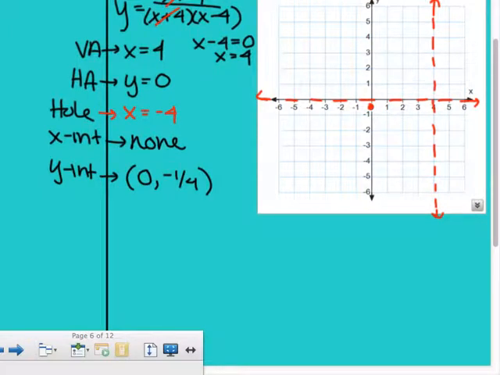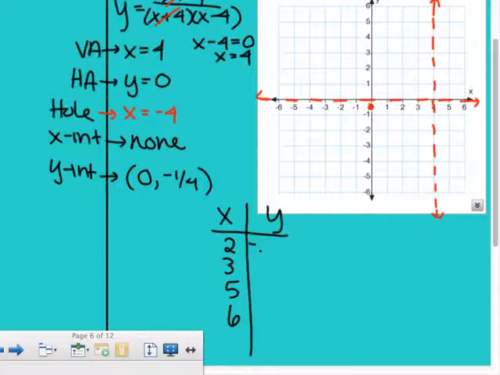I'm going to pick one more point to the left of the vertical asymptote and 2 to the right. You can plot as many points as you want until you have a picture of what it looks like. So to get a better idea, I think I'll do 2 and 3. Those are to the left of the vertical asymptote, and then 5 and 6. So pause the video, plug those in, and get your outputs.